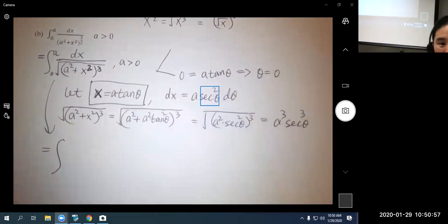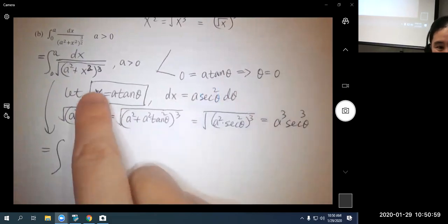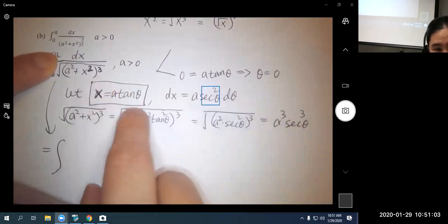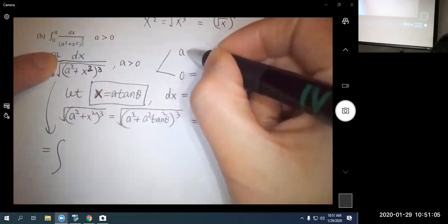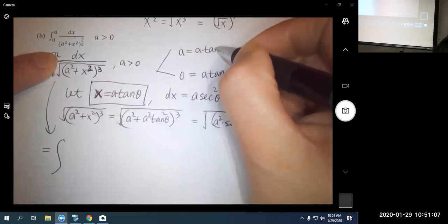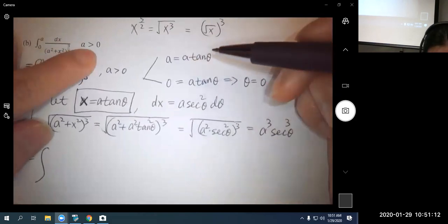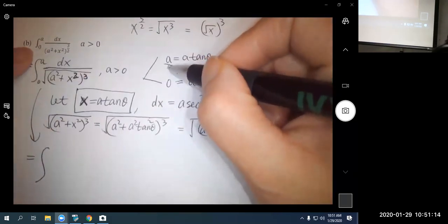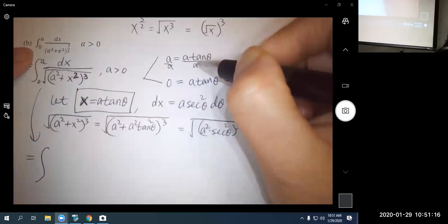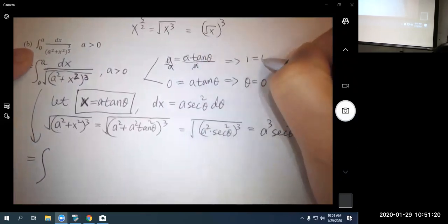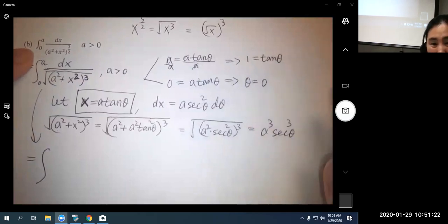0. Okay. So when x equals a, this substitution becomes a equals a times tangent theta. And then since a is positive, we may divide a from both sides. So this implies tangent theta equals 1, right?